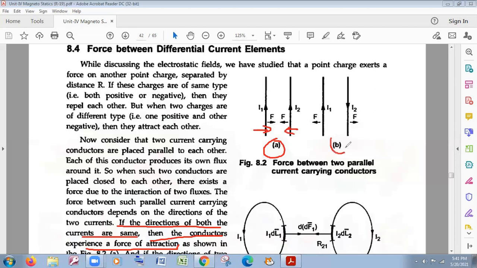And figure B shows that the current in the conductors is in opposite directions. I1 is in the upward direction and I2 is in the downward direction. The force is opposite, they repel each other. Force of attraction, force of repulsion.